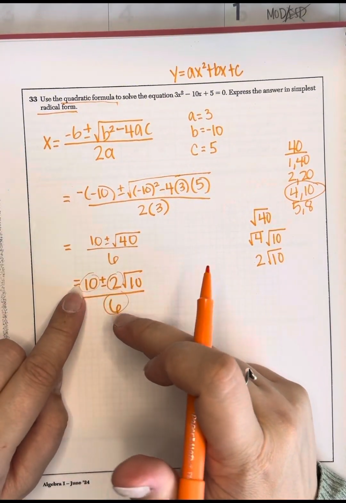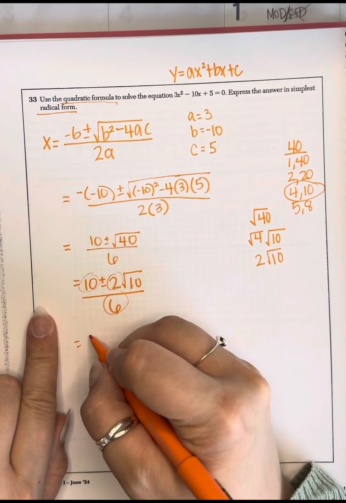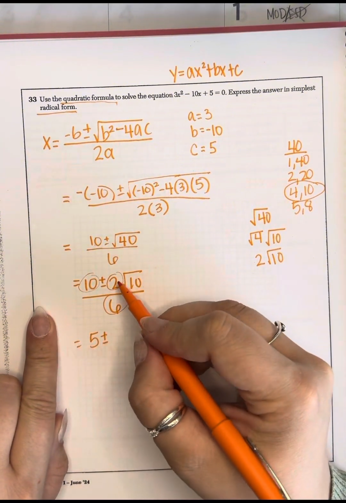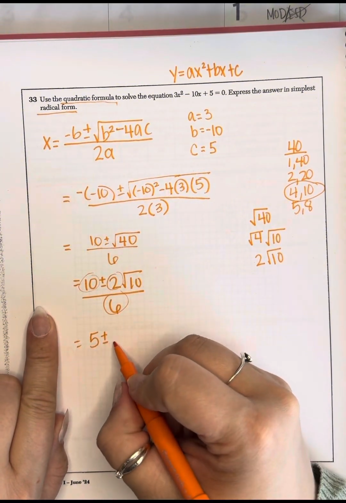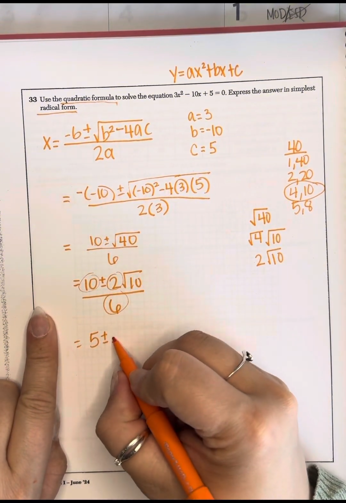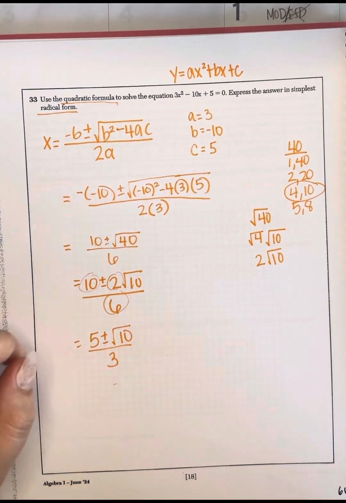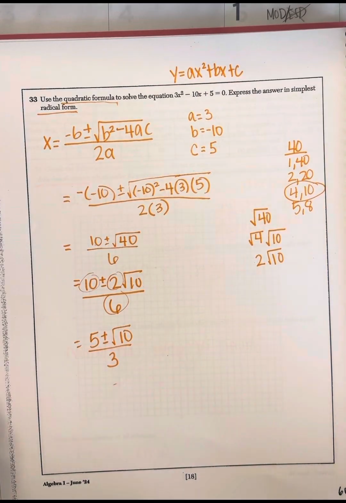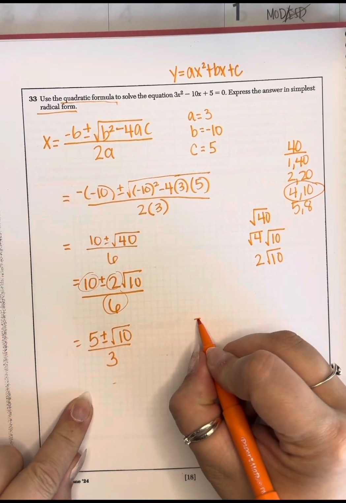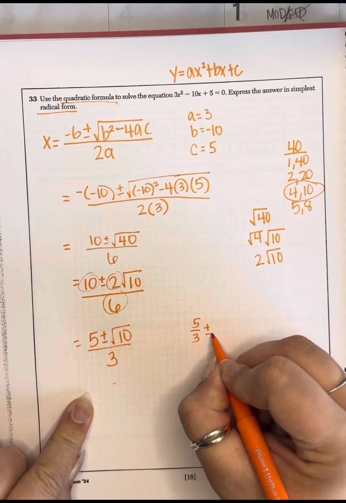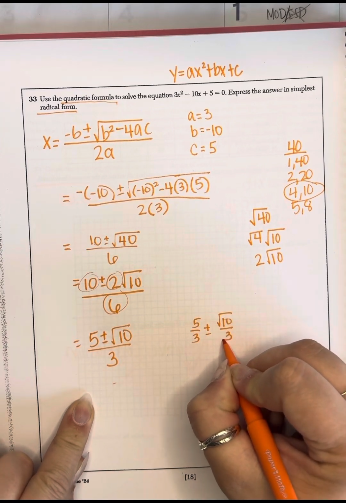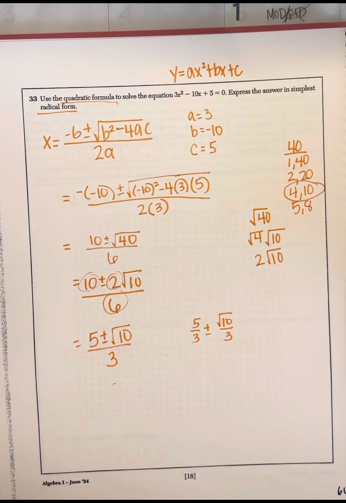I can divide all of these by 2. So now it's going to be 5 plus or minus, if you want to put the 1, you can, but it's not necessary, square root of 10 over 3. And that's it. If you wanted to, you could break this up into 5 over 3 plus or minus square root of 10 over 3, but that's not necessary.